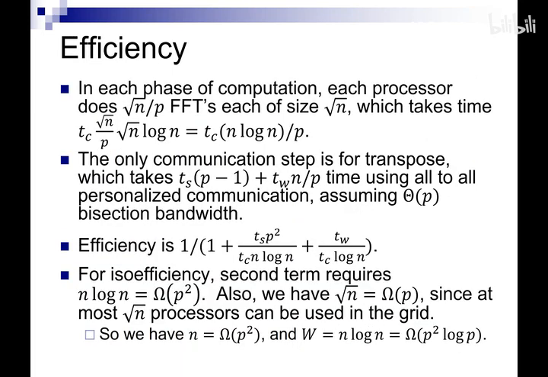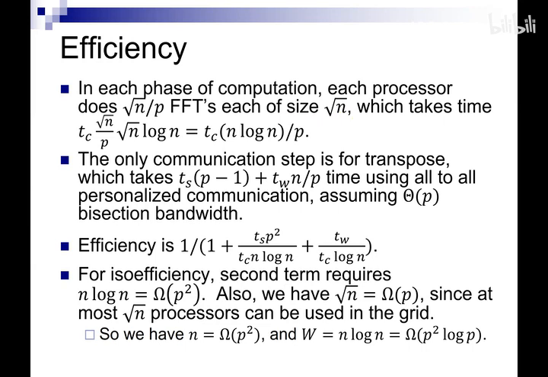So now we can go figure out the efficiency of this algorithm. We're going to look at the computation cost, and then for the communication, it's just going to be the cost to do the transpose. So first of all, the computation. If you have P processors, then each processor is going to be responsible for root n divided by P columns, and each of these columns has size root n.